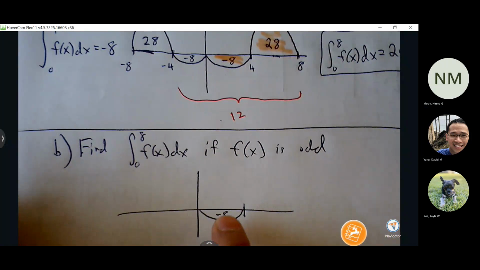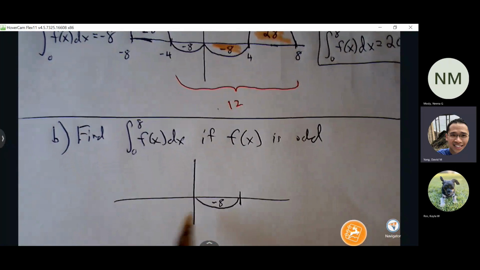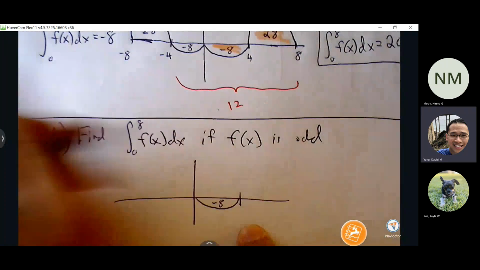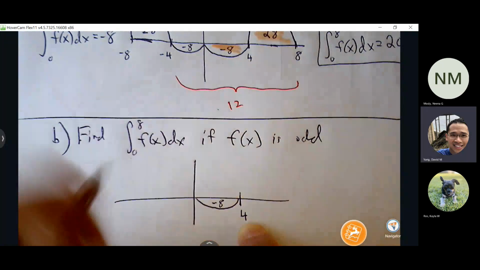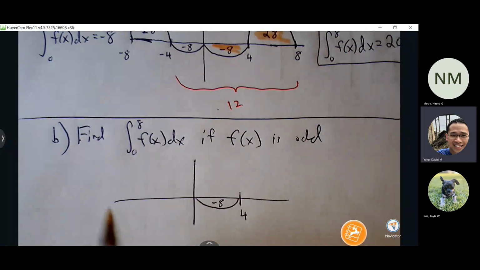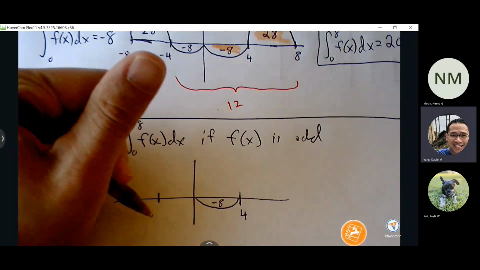But before I get to the larger interval, I want to fill out the property on the other side. If from 0 to 4 is -8, what do I know about the other side? Positive, because it's odd, right? So I'm going to have equal but opposite.